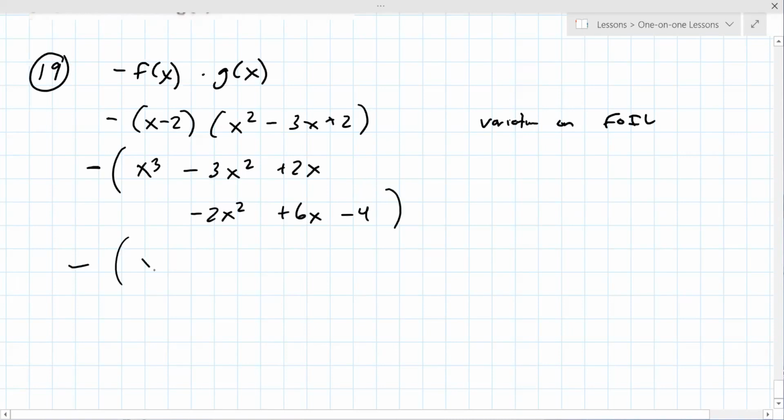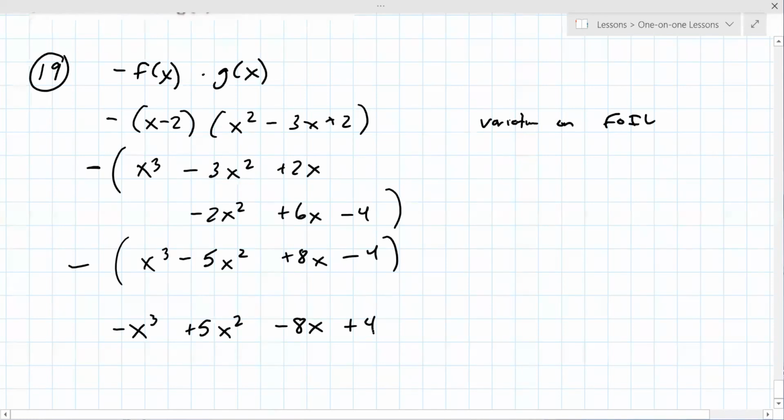The negative is still out there, so you get x cubed minus 5x squared plus 8x minus 4, which becomes negative x cubed plus 5x squared minus 8x plus 4. Domain: there's no restrictions on this, so it's all real numbers because the original had no restrictions.